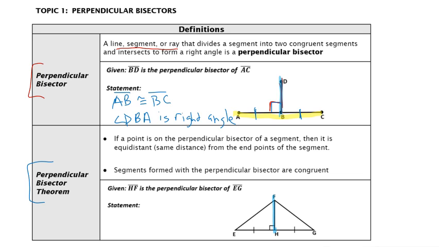If that's a perpendicular bisector, and we know that these are equal and this is a right angle, what that means is any point that's on that bisector, for example point F, is the same distance from E as it is from G. So essentially it creates a pair of congruent segments with that bisector. The segments formed with the perpendicular bisector end up being congruent. So you get these congruent pairs.